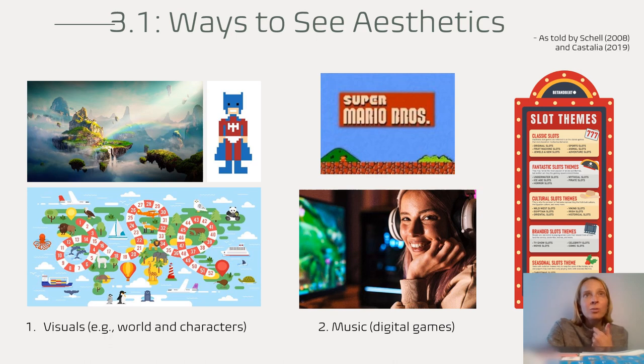Theme is also important to aesthetics because a theme tells you what your game is about. Is it about the circus? These are different slot themes. If you were going gambling, I had a friend that when we would go to Las Vegas, she really wanted to play the Wheel of Fortune slot machines.